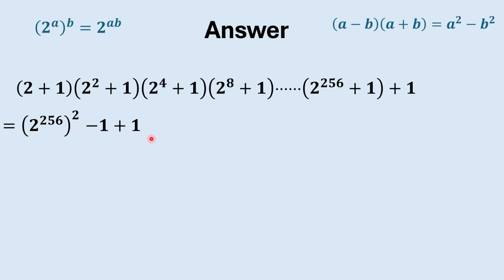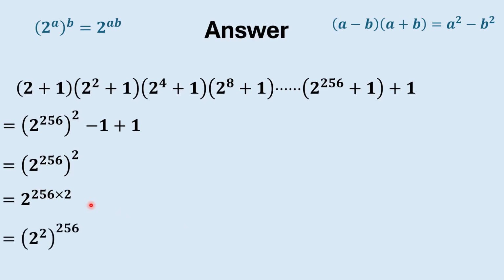This minus 1 and plus 1 cancel themselves out, leaving (2 to the power of 256) to the power of 2. And here we can use this formula again, and it's equal to 2 to the power of 256 times 2. We can convert this into (2 to the power of 2) to the power of 256. And from here, it will be very simple.